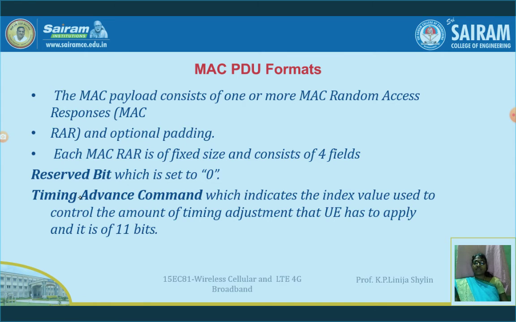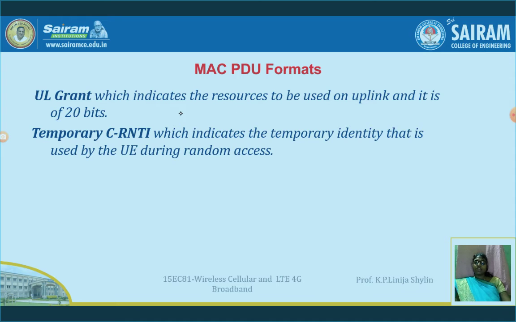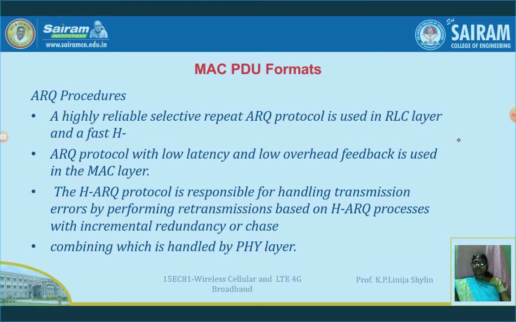Then the UL grant indicates the resources used in the uplink, using 20 bits. The next one is the temporary C-RNTI, which indicates the temporary identity used by the user equipment during random access.